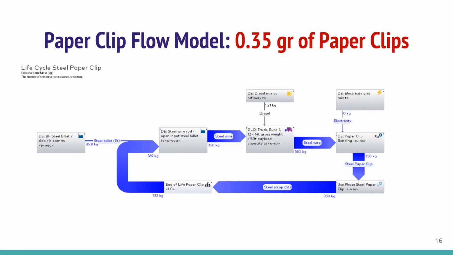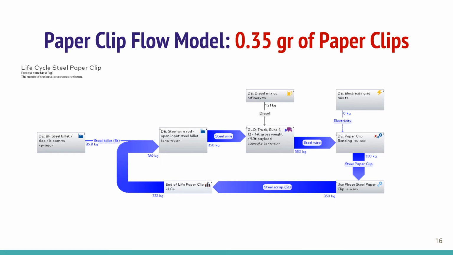So now we're looking at a flow plan for a paper clip that weighs 0.35 grams. As mentioned earlier, two of the benefits of life cycle assessment are comparing products and resource management.